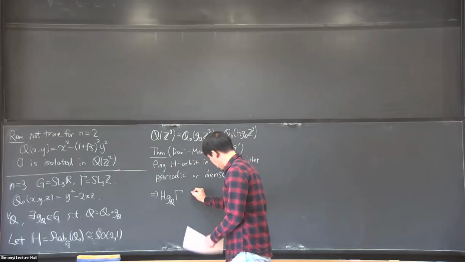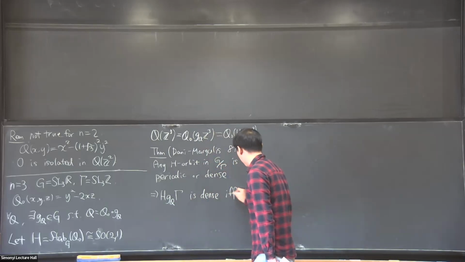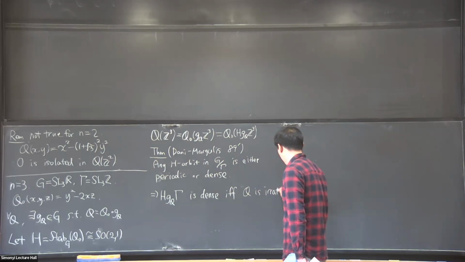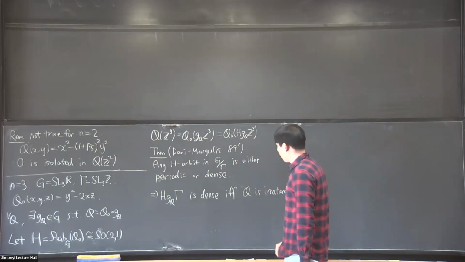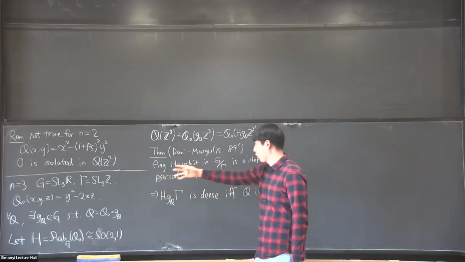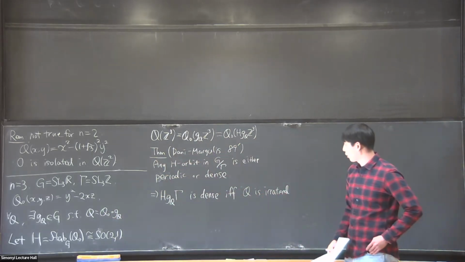So this orbit is dense if and only if Q is irrational. The periodic orbits amount to rational quadratic forms in this parameterization.